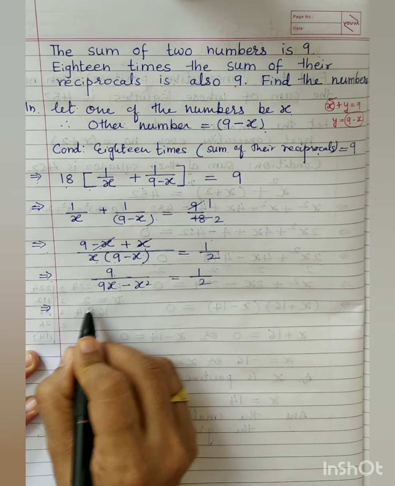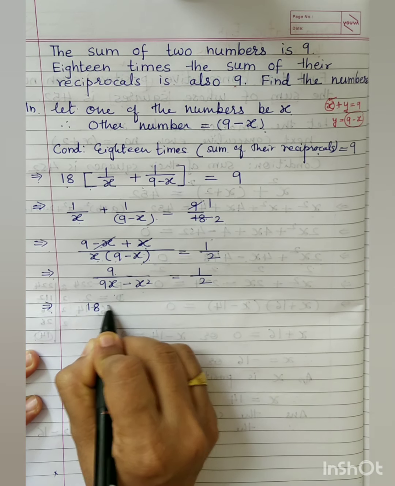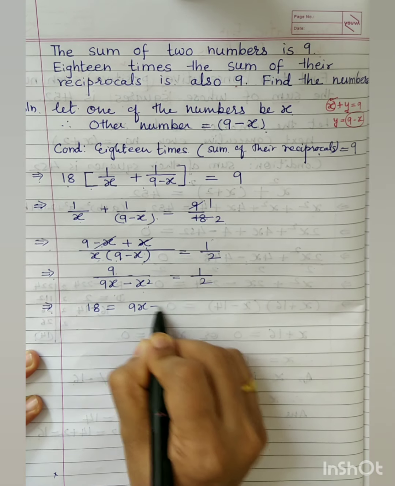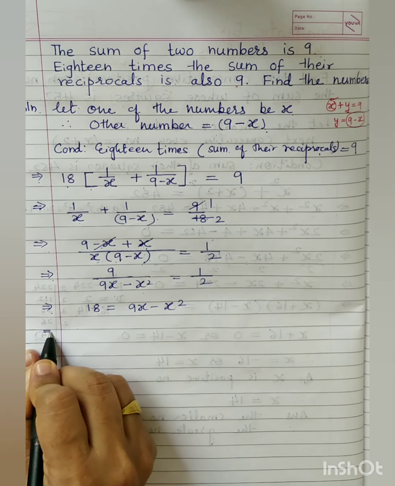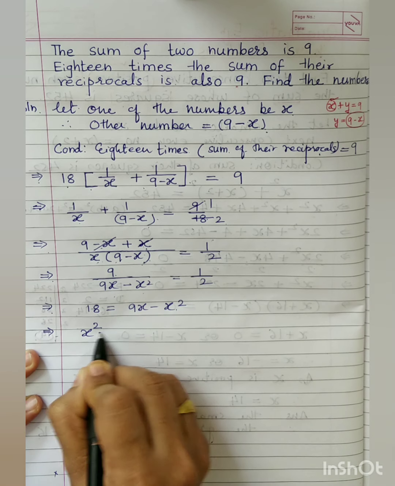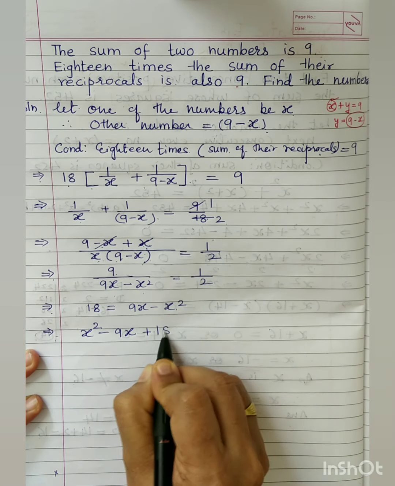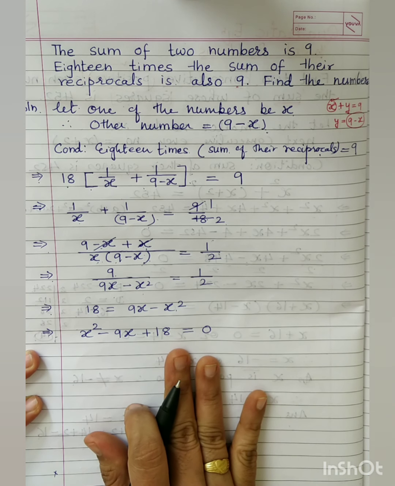Again you can simplify by cross multiplication. 9 twos are 18 equals 9x minus x square. For getting the standard form, shifting all terms to the left hand side, minus x square becomes plus x square, minus 9x, plus 18 equals 0. You have got the quadratic equation in standard form.